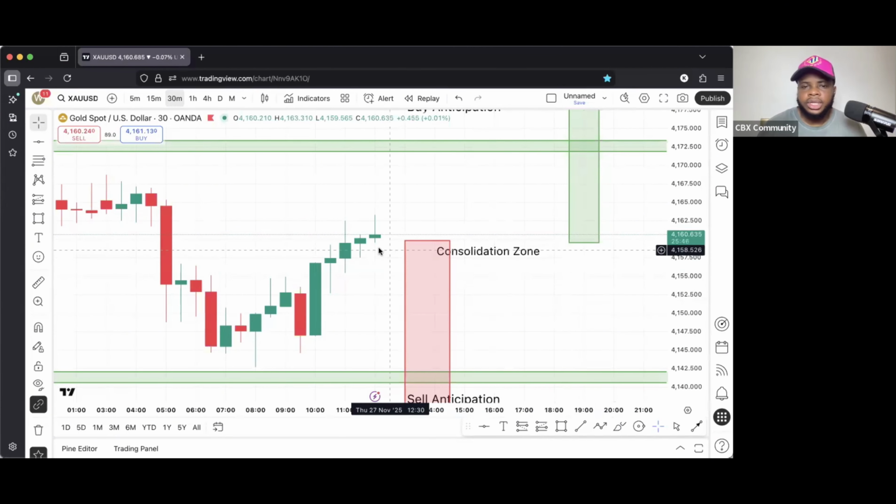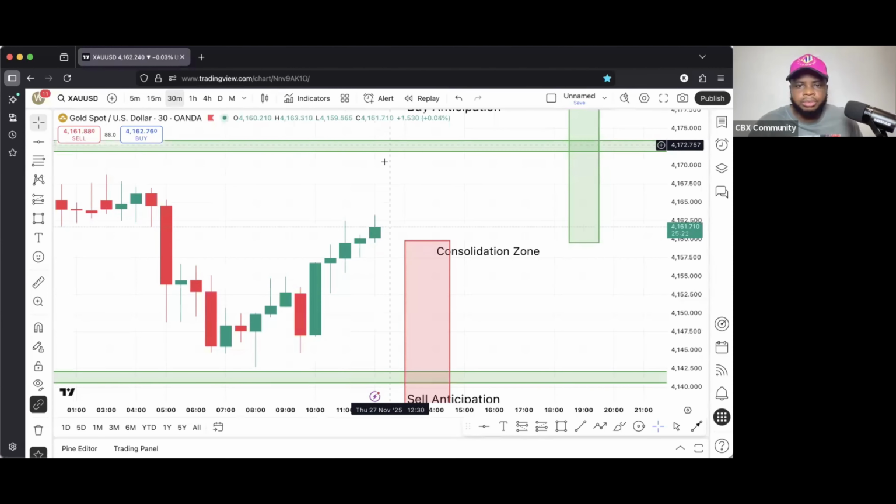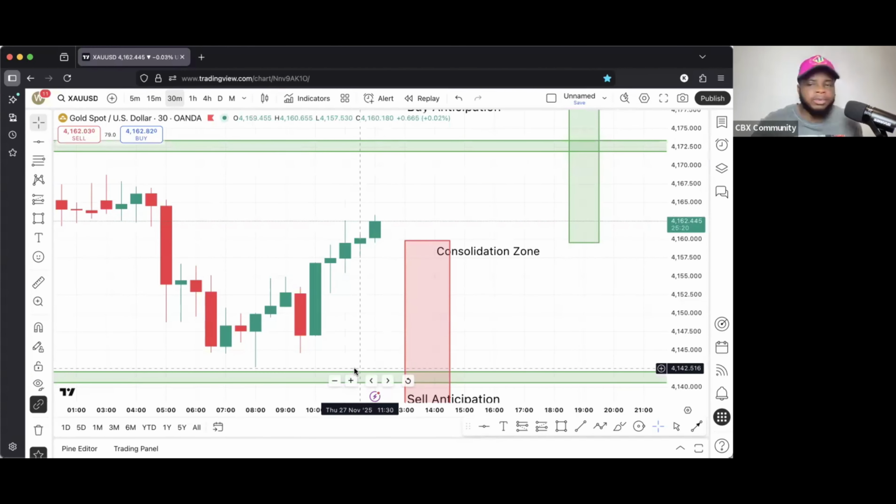So we don't need to do anything because we are in a consolidation zone. And this candle, the moment this candle opened, it went up, it broke the high of this bullish candle. It also broke the high of this bullish candle. So we don't need to do anything. We need to be patient until we are able to identify a structure, until we are able to identify the break of our resistance zone or the break of our support zone with our other confirmation, by which we'll be able to execute a trade.